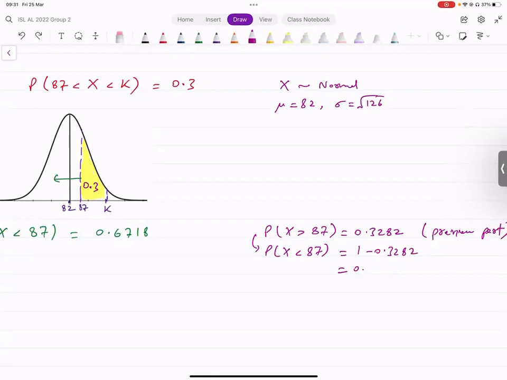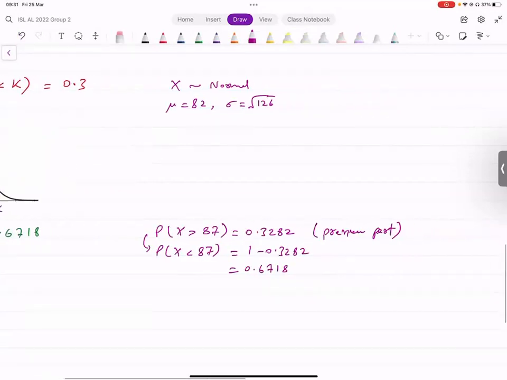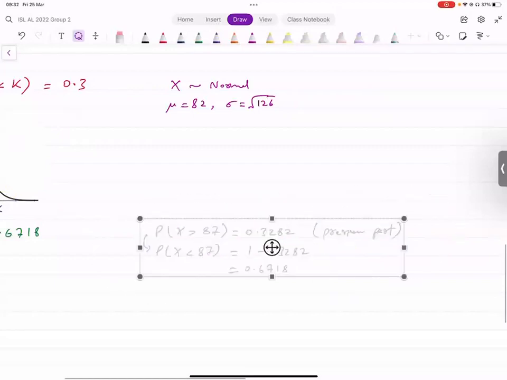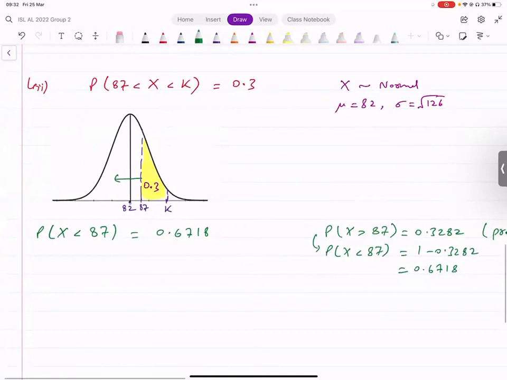You can actually just figure it out directly from the working from the previous part as well. But if that's more confusing, you can just use this 0.6718. ये probability हमने पहले find कर ली है पिछले part के अंदर कि 87 के left side पे इतना area है.